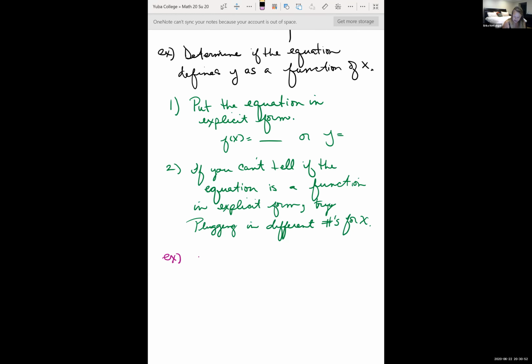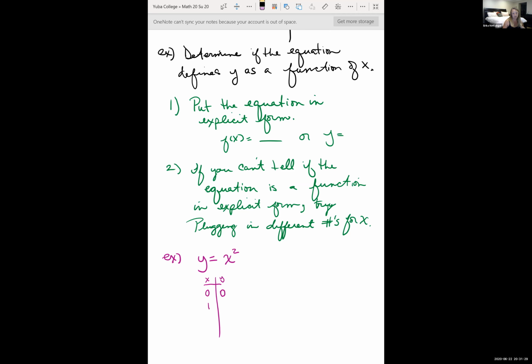So what if we had y is equal to x squared? It's already in explicit form because it's already in the form y equals. Think to yourself, if you plug in a value for x, are you going to get one y value or multiple y values? If you plug in 0 for x, you get 0 squared, which is 0. So one x value corresponds to one y value.